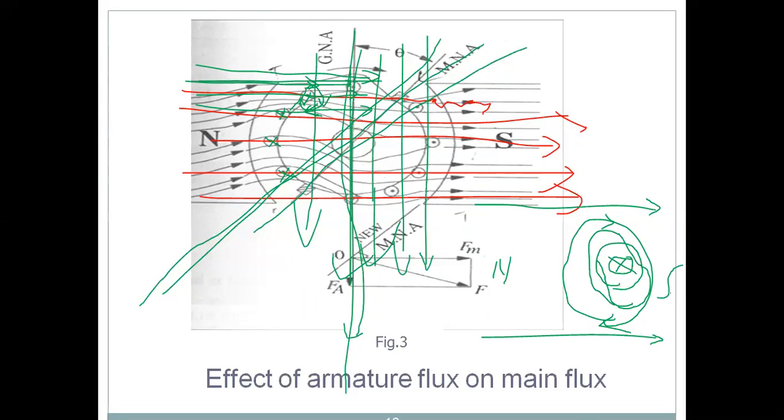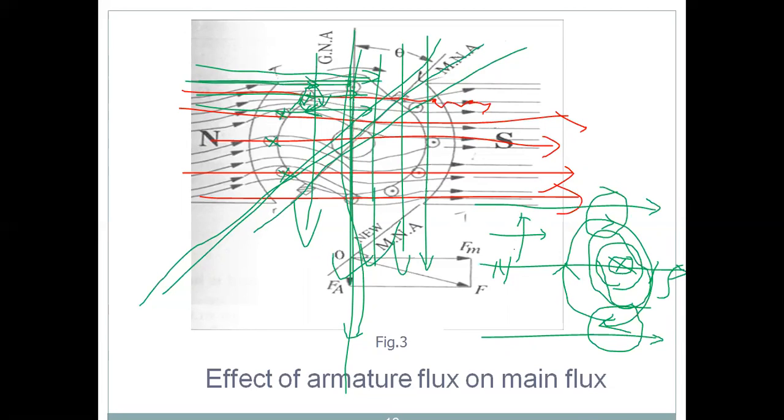You can see here, these both are in the same direction. This side both are opposite direction. At this position, it is upward, it is downward. There is a flux like this, and because of this line, flux is like this.